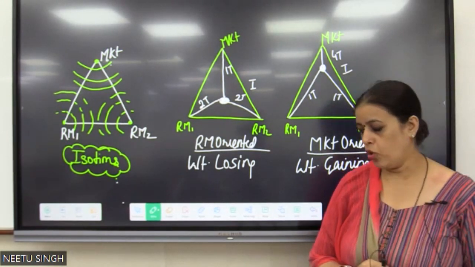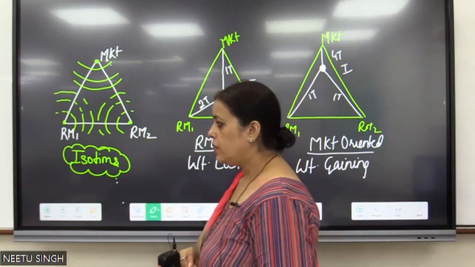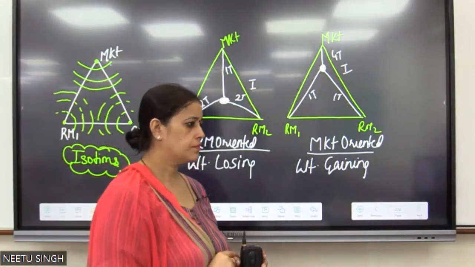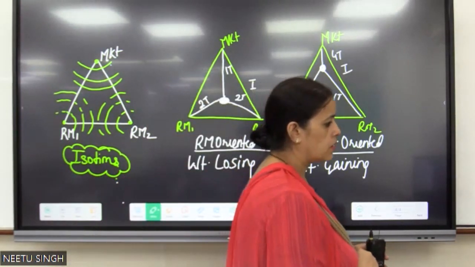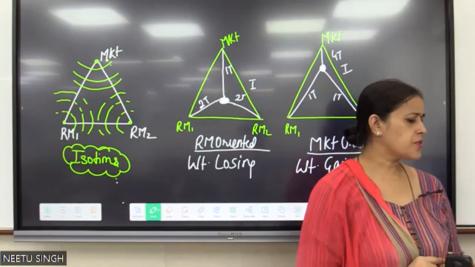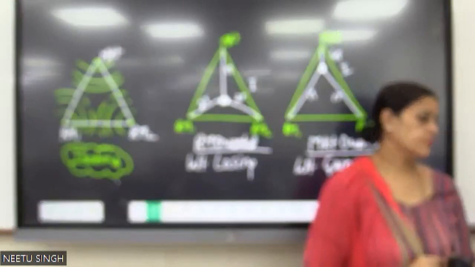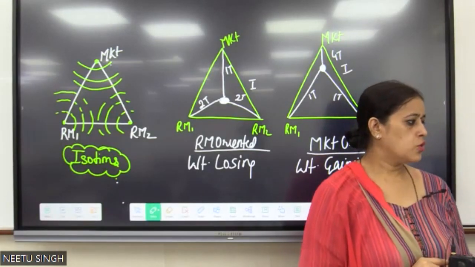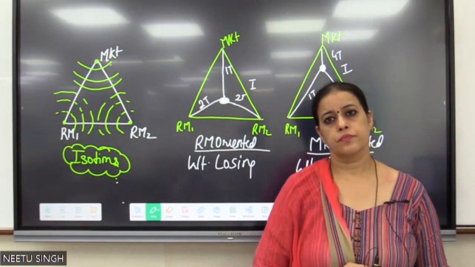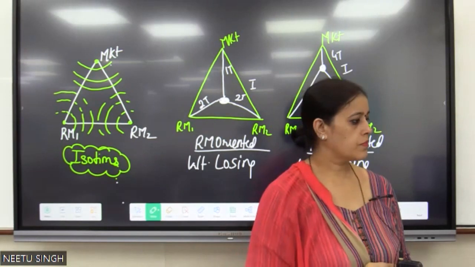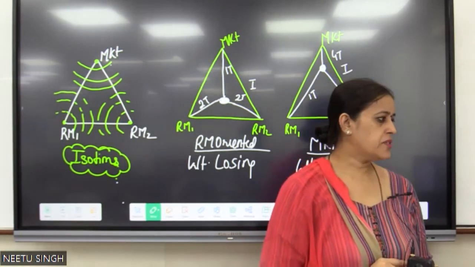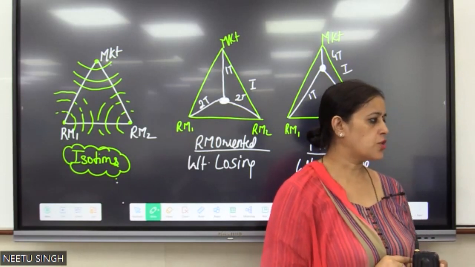Numerous isotims, boldly underline the term, numerous isotims. Bracket: imaginary lines joining the places having similar transportation cost.